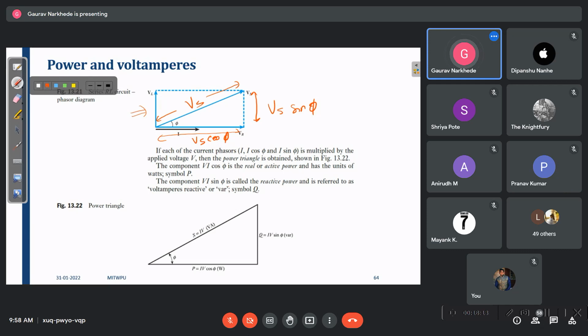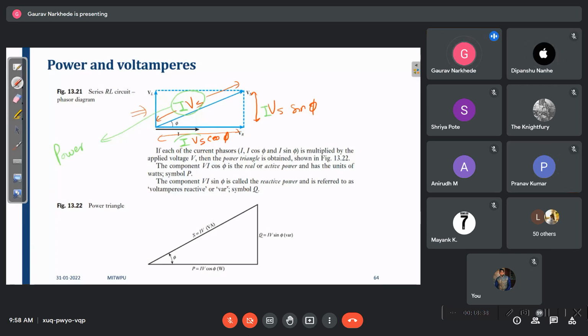Do you agree with this? Okay. Now what I will do, I will just multiply all the sides by current I. Can I multiply by current? Okay, so if we multiply by current, what is I into V? Power.